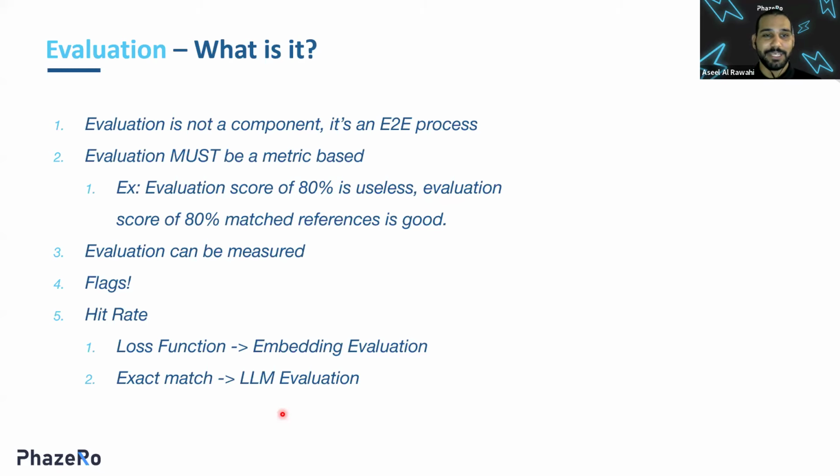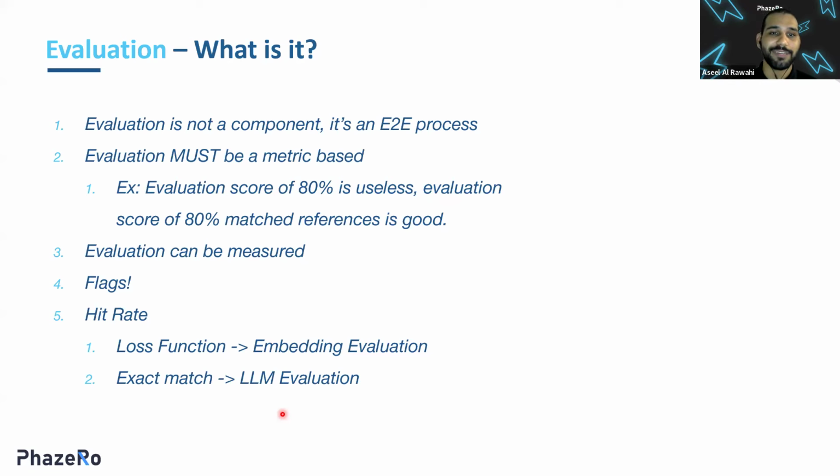So the way we like to consider evaluation really is not a component. It's an end-to-end process, meaning if we look at different components in our RAG application, we need to have a layer of evaluation in every component. And the evaluation needs to be metric-based, and that allows us to have a baseline of how our model is doing. Is it actually improving, or is it decreasing in performance?